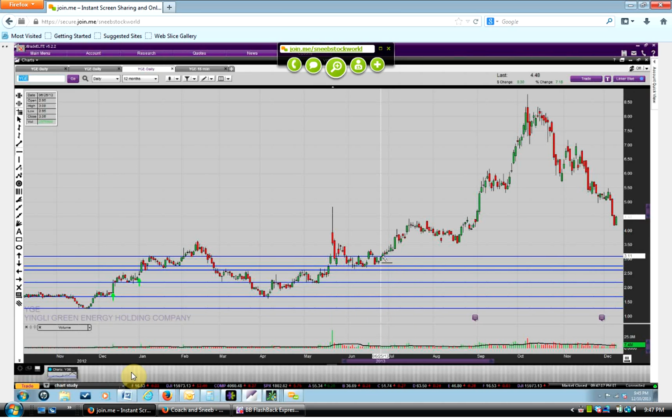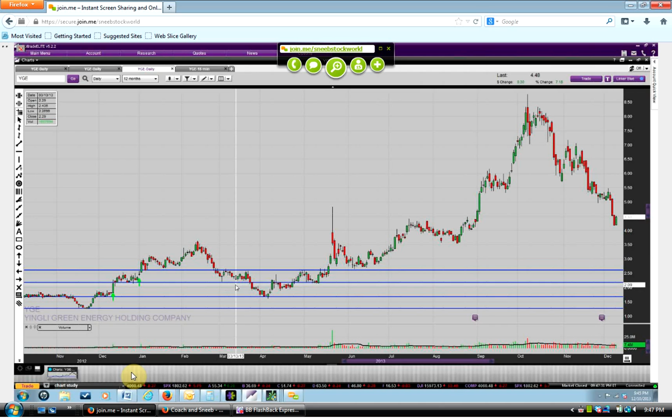Well, you know, all of this happened. It failed this low, so we removed the line. Failed this low, so we removed the line. At this time when it bounces here, it failed that low too.